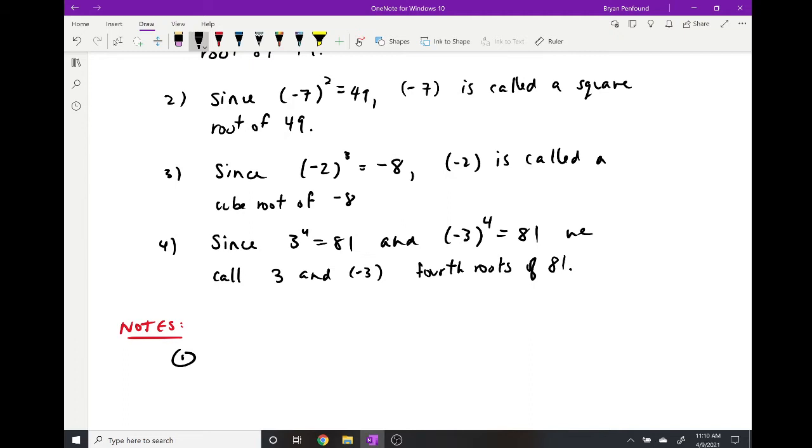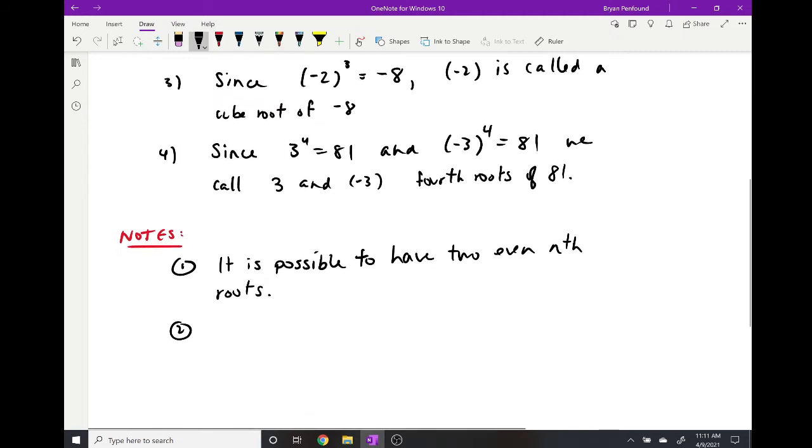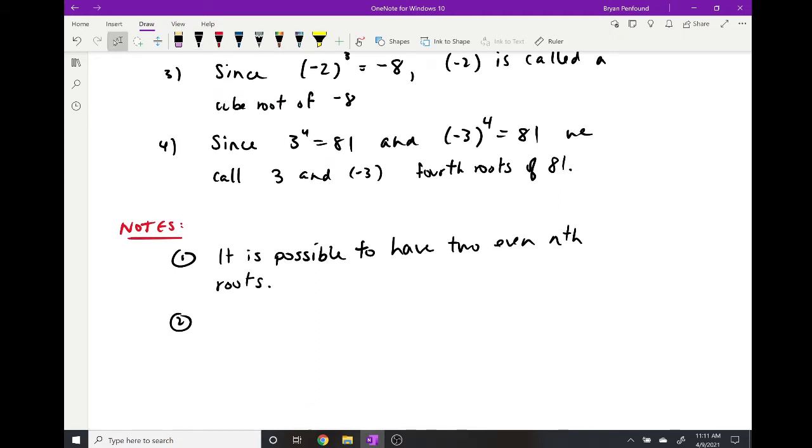The first one is that it's quite possible to have 2 even nth roots. And this has something to do with the multiplication of those signs.